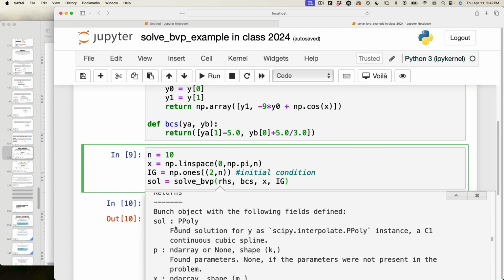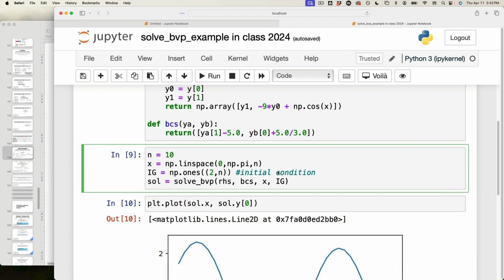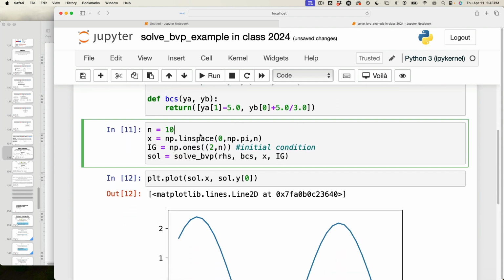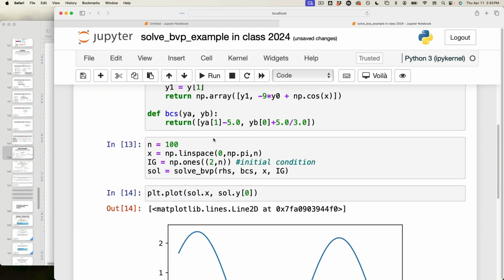See, sol returns a bunch object with the following fields. So it's a collection of items, I guess. Bunch is a formal word. All right. Put 100 points. Works as well. Gives you a nicer, smoother solution. Did you all get this?